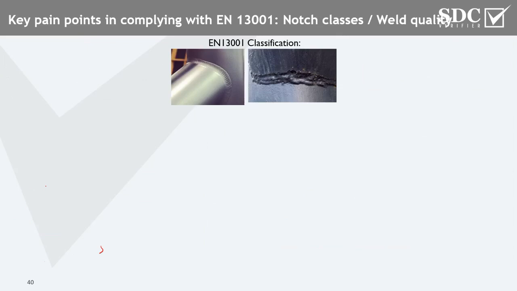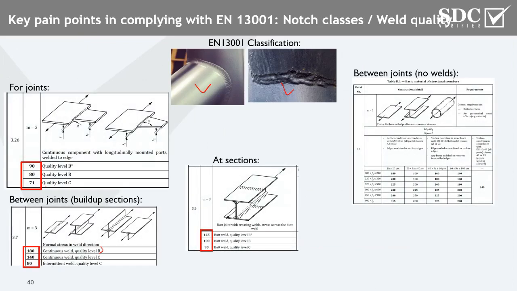notch classes and the weld quality. So what you can see in this picture is just a simple example of what is good quality and what is not so good quality. But EN 13001 is a very specific standard, and it defines those things depending on what kind of connection you have defined. So if it's a butt connection, if it's two plates welded together, T-section or butt section, depending on the load direction.